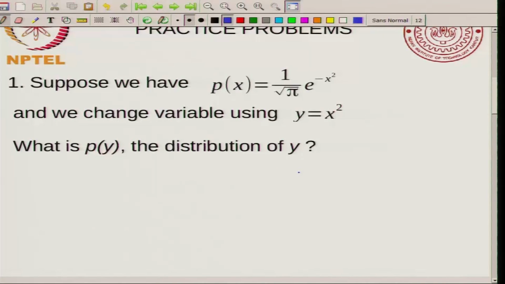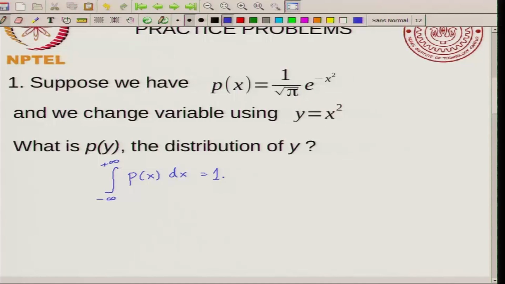Now, in order to solve this, you need to think a little bit more about how this transformation of variables affects the probability distribution. You remember that you always have the condition that integral p of x dx over the range from minus infinity to plus infinity should be equal to 1.